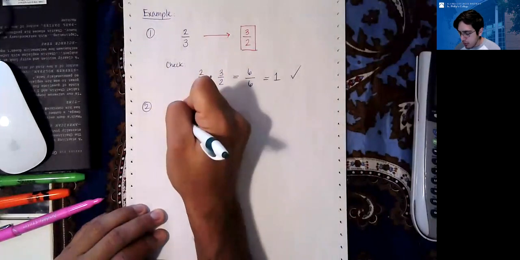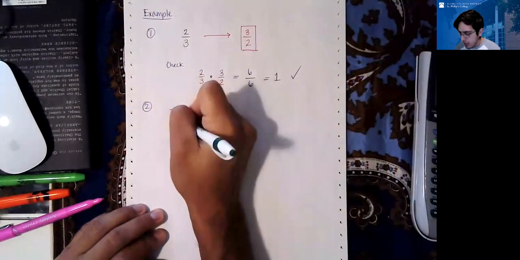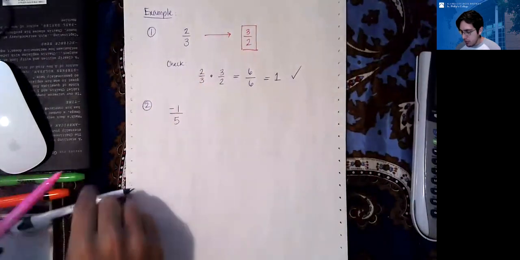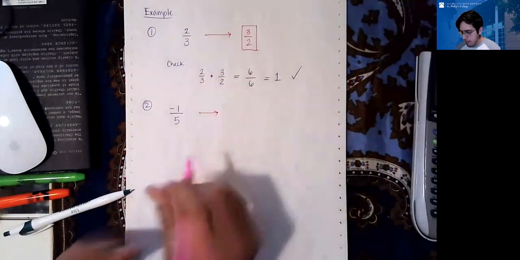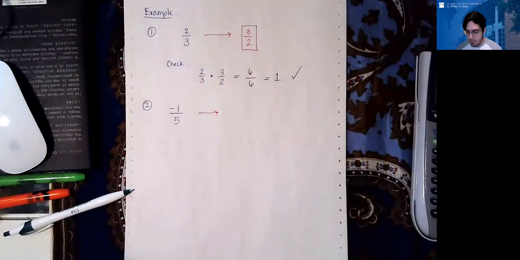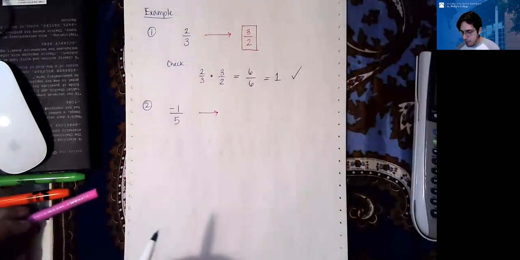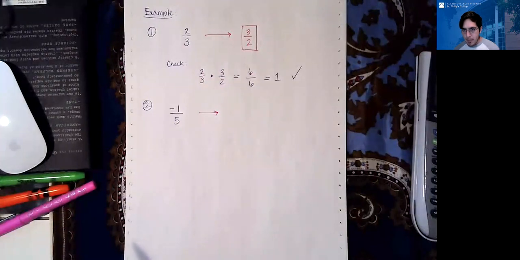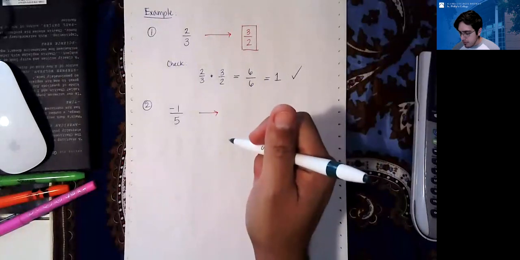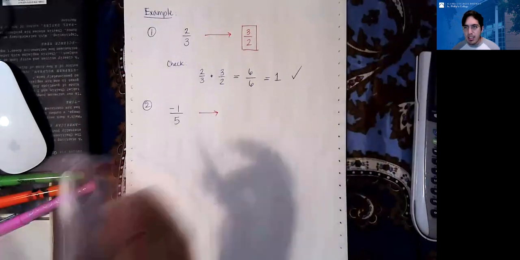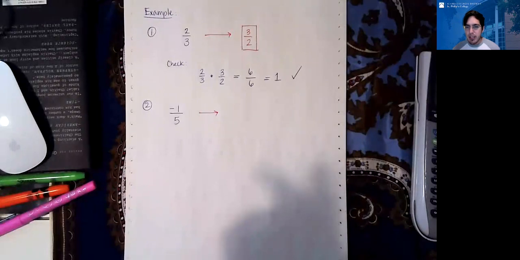Okay, if I asked you to find the reciprocal of -1 over 5, what would the reciprocal be? Any ideas? 5 over 1, but I'm not too sure if it would be negative or positive because you said it's the opposite. Well, I said that you flip it, right?